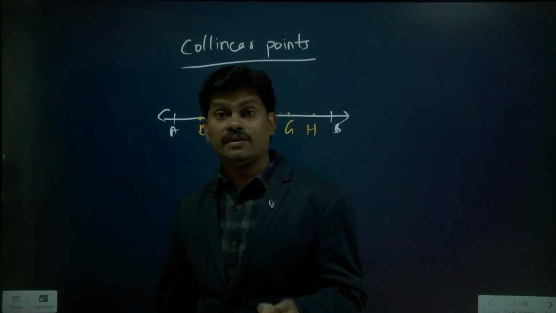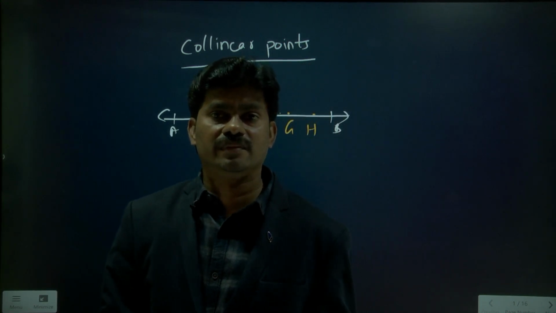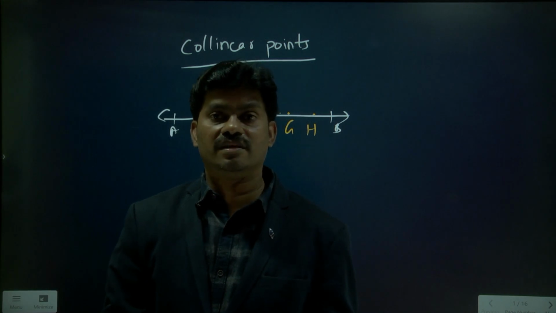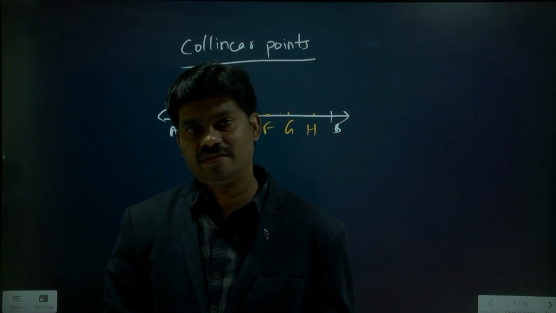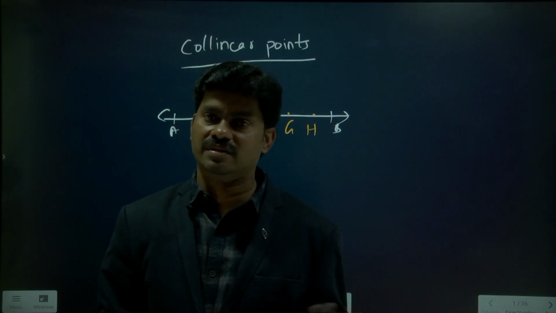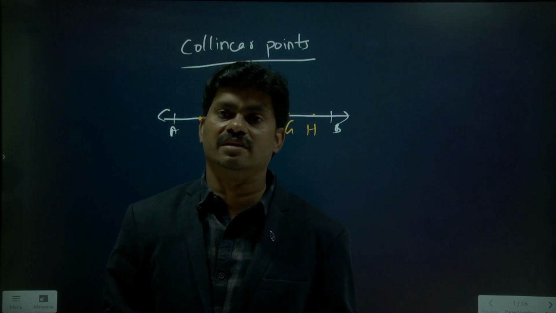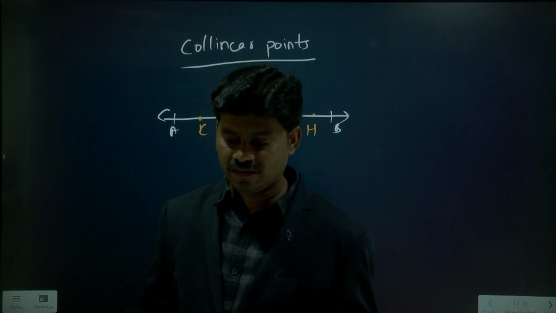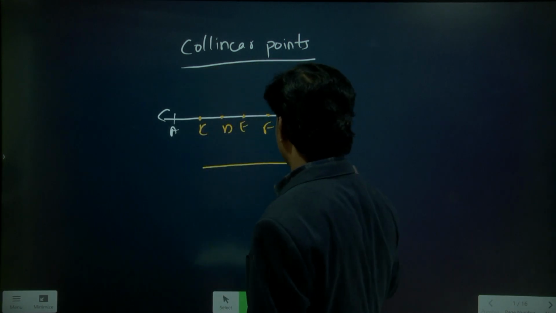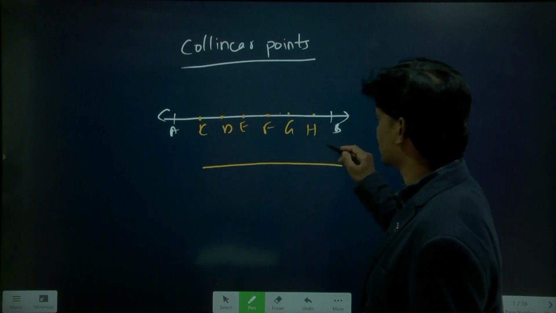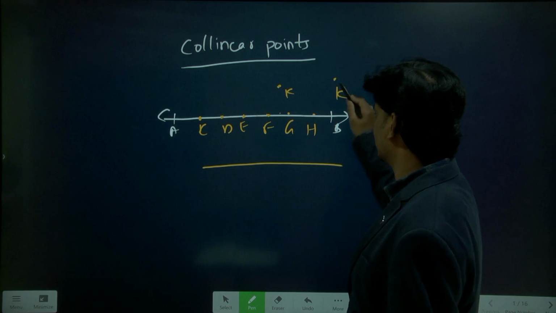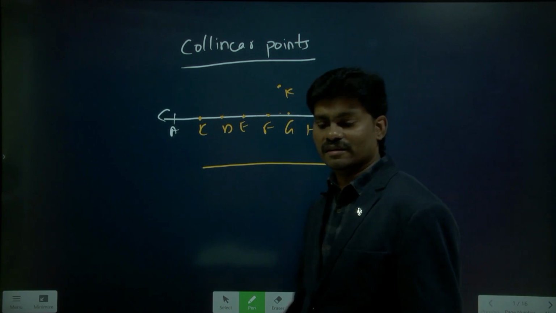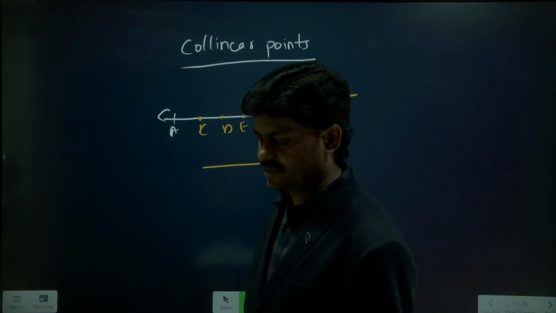So these points are on the same line. The points which are on the same line are called collinear points. Non-collinear points are just exactly opposite, the points which are not on the same line. So here A, B, C, D, F, G, H are collinear. K, L are non-collinear points.